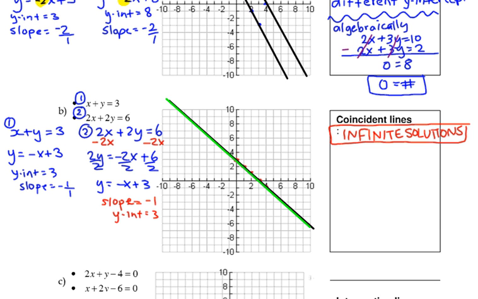Now, how do we spot infinite solutions or coincident lines or same lines? Slope and y-intercept are the same.